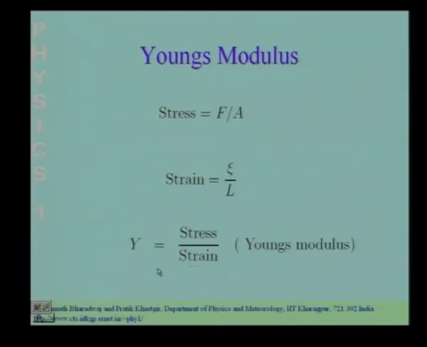And this is a property of the material of which the rod is made up. So, for every elastic substance there will be a different value of the Young's modulus, and the stress and the strain are related in a linear fashion through the Young's modulus. They are proportional to each other through the Young's modulus.